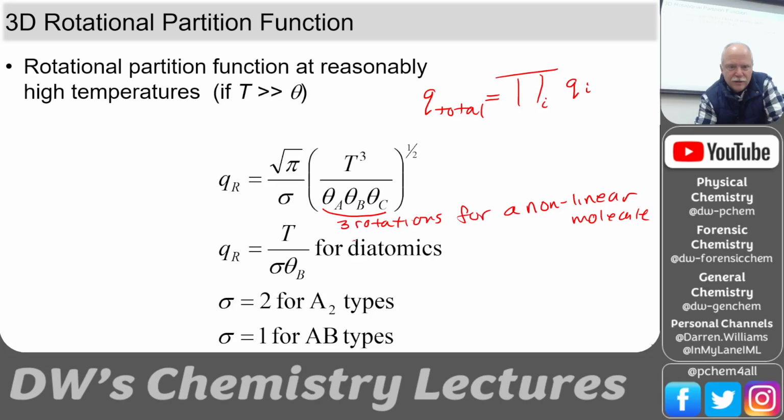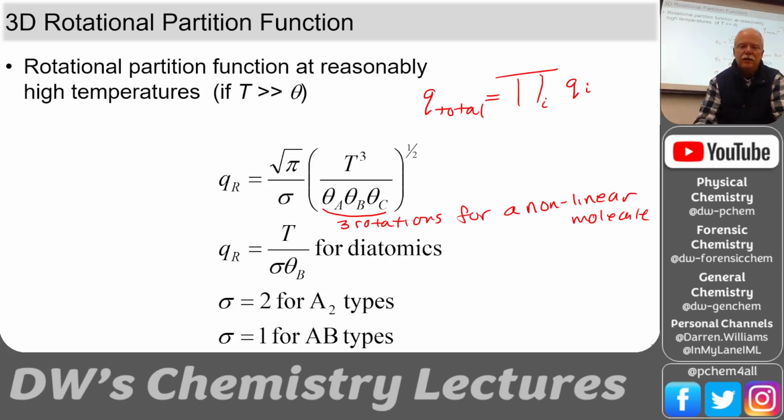For diatomics, it's just T over B, because B equals C, A is 0 and B equals C, and then we have T over theta B and T over theta B again, because the rotations are the same, and then so that's T squared over theta B squared, and you take the square root, so the squares are gone.